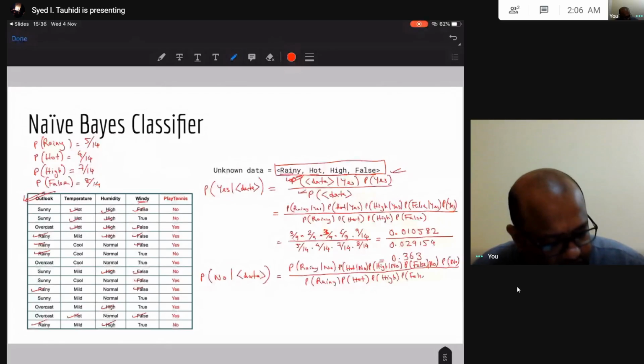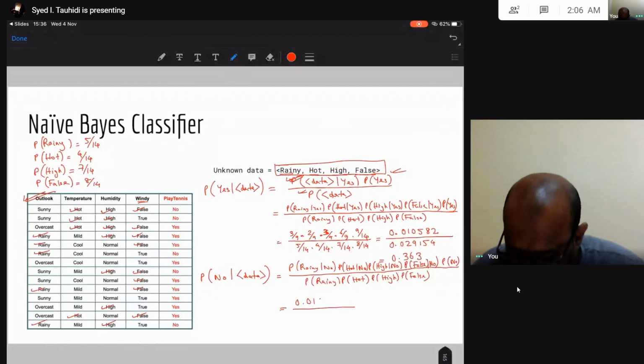Alright, so the numerator is going to be 0.018286, and the denominator is going to stay the same, right?